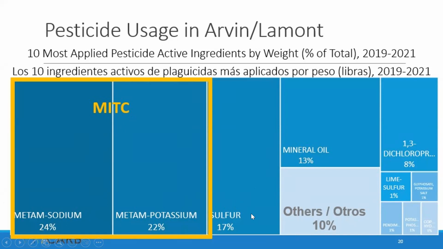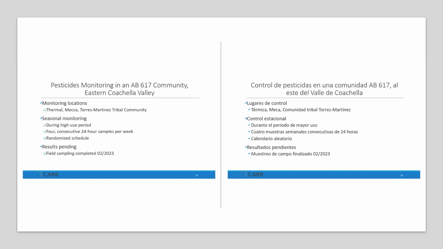The next one is sulfur, mineral oil, and 1,3-dichloropropene, or 1,3-D, is about 8% used in the community. This is all based on weight of active ingredient, and this data is from 2019 to 2021. We want to thank DPR for providing that data to us. And Dr. Sinclair has already reviewed some of this.